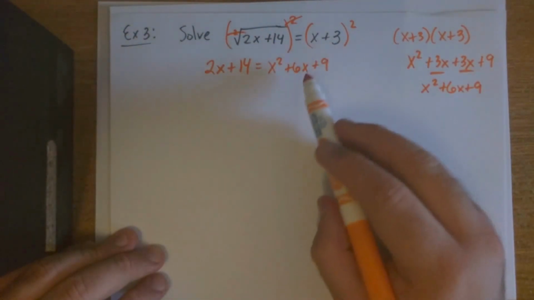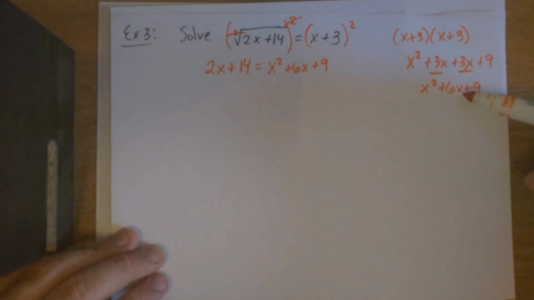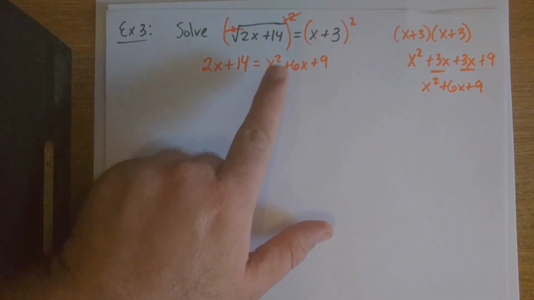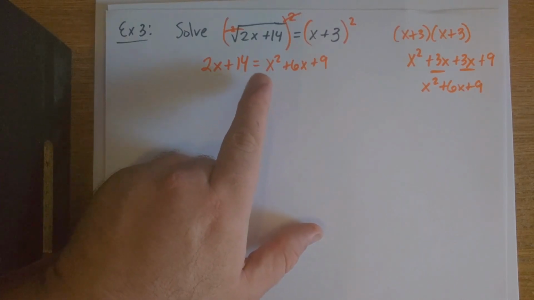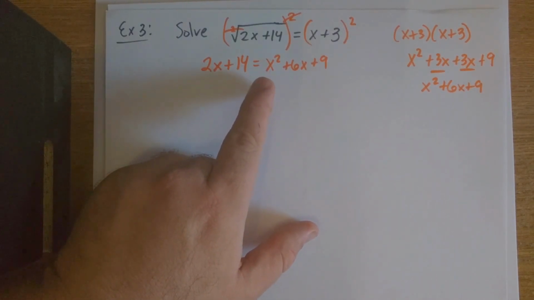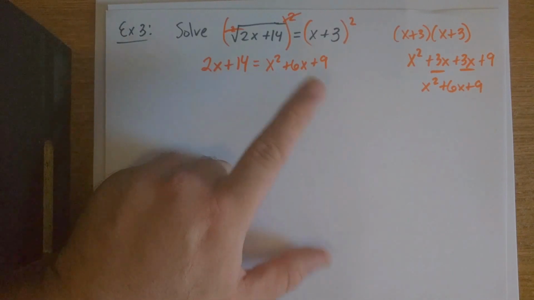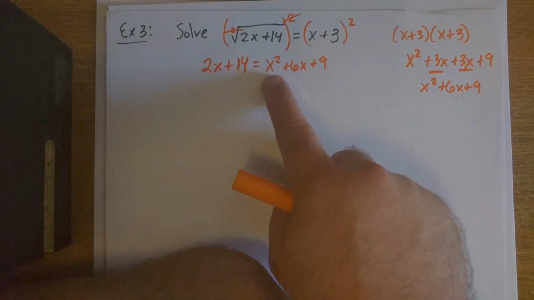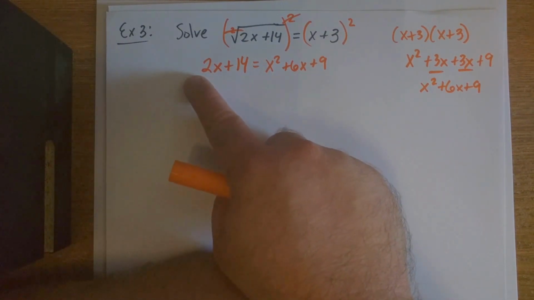Alright, so this becomes that with the work I showed here. Look what we have here. Quadratic. So, because we're trying to solve this problem, I need to get this quadratic equal to 0 on one side. I'd rather keep x squared positive, and if I move this over here, it will become negative.